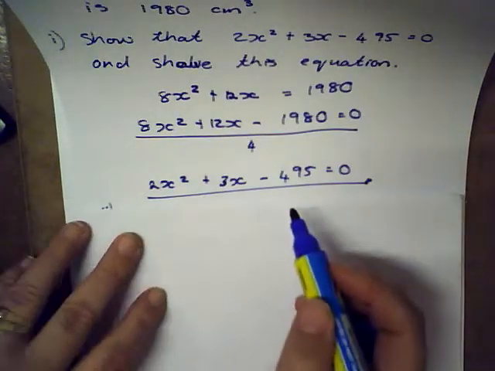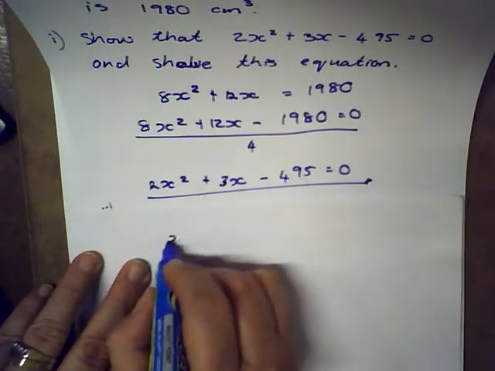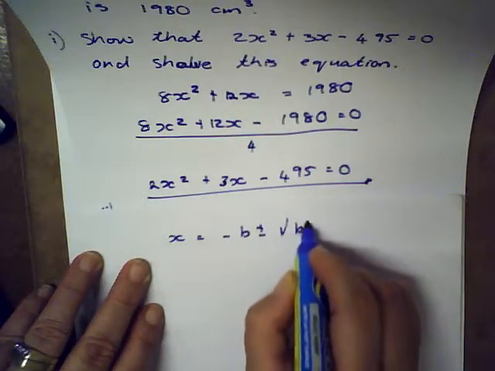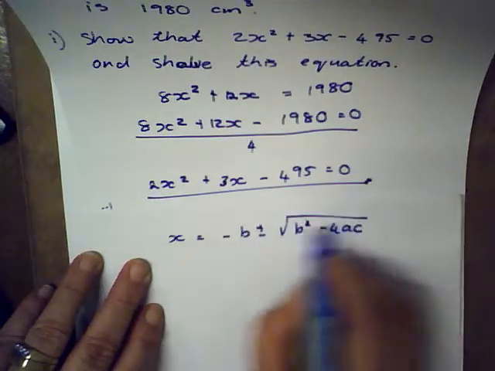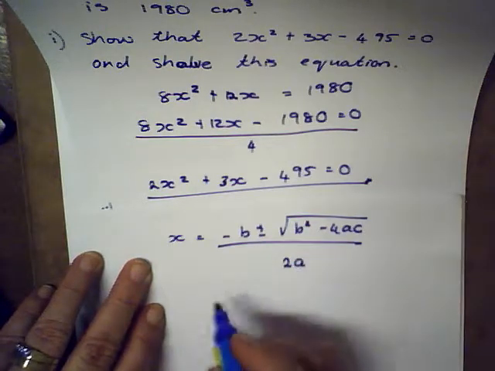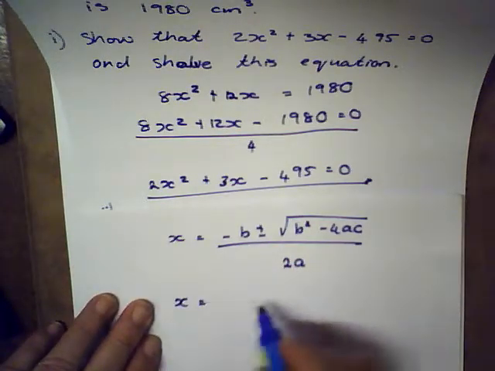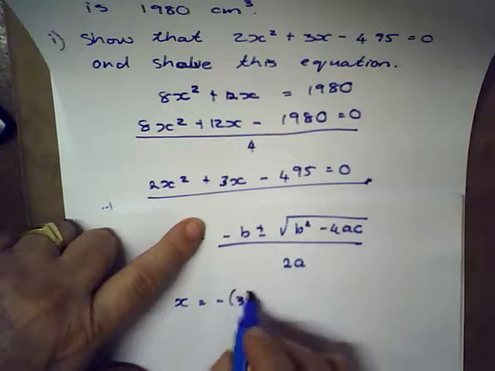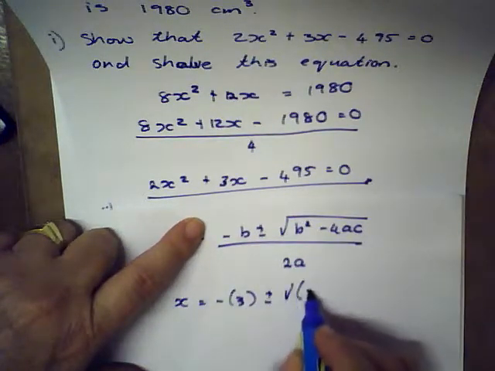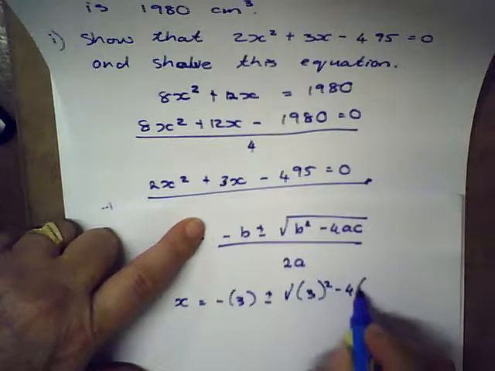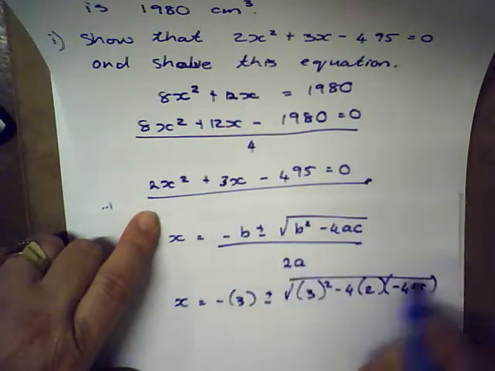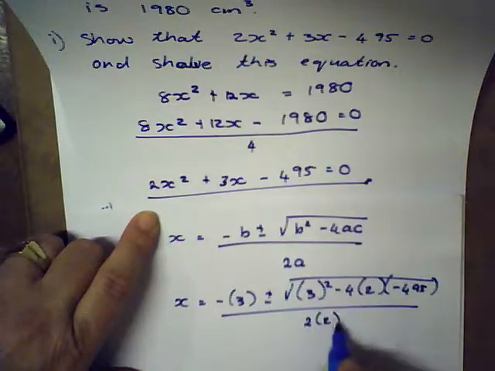So I'm not going to factorize this. It's a really messy thing. I'm just going to use the quadratic formula. Okay, x equals negative 3 plus or minus the square root of 3 squared minus 4 times 2 times negative 495, all over 2 times 2.